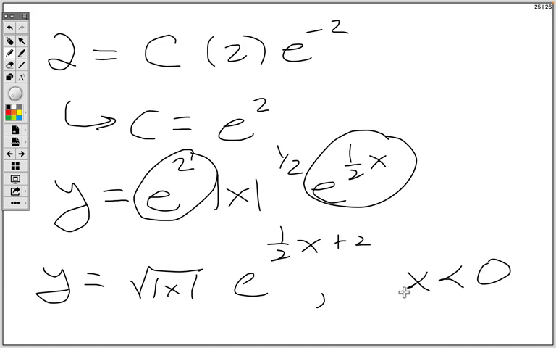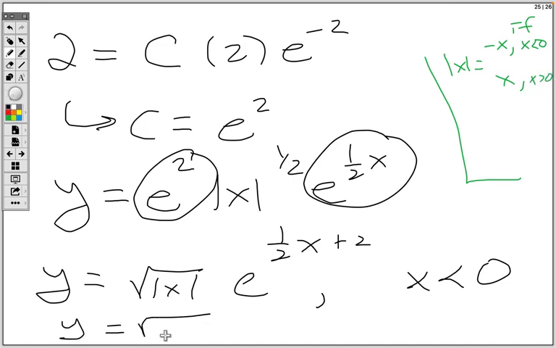So if you wanted to, you could simplify then the absolute value. You might remember from algebra class, absolute value x is the opposite of x if x is less than 0, and it's just x if x is bigger than 0. So if you wanted to, you could rewrite it this way. Square root of the opposite of x, e to the 1/2 x plus 2.